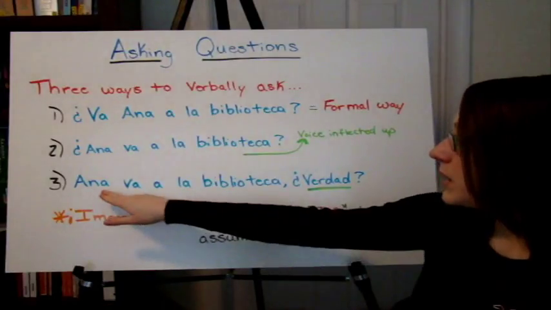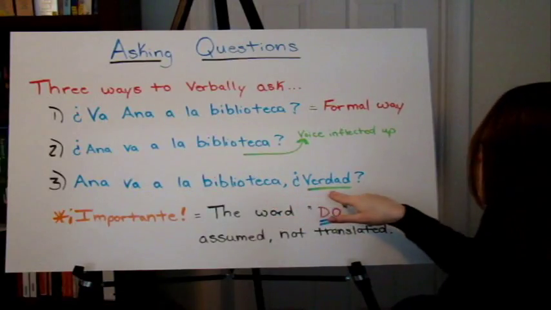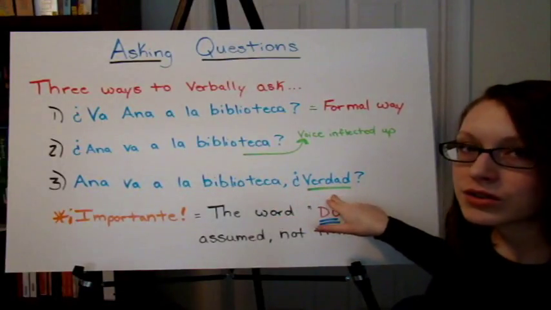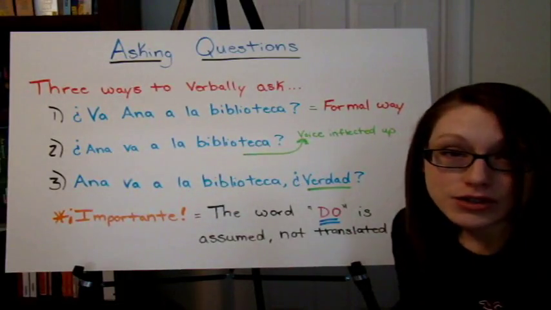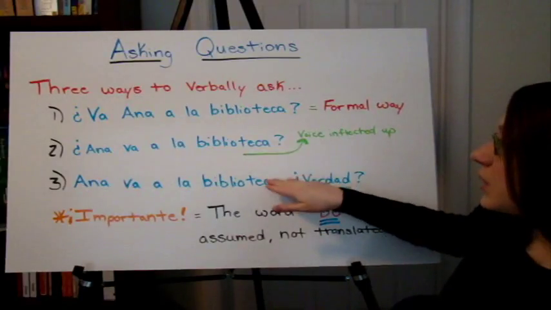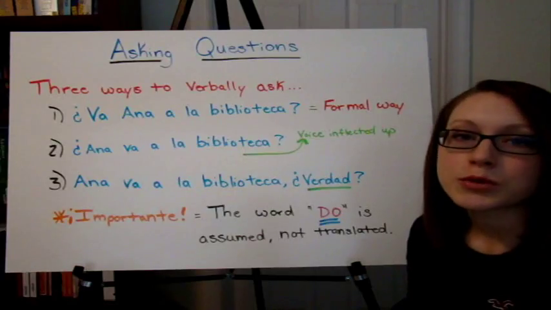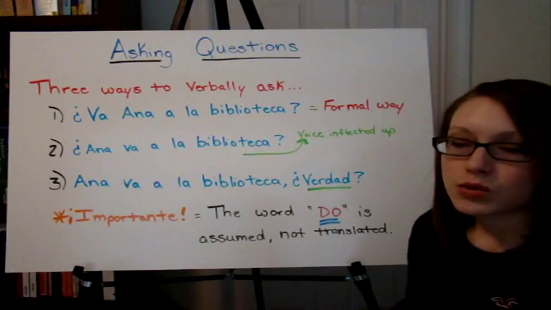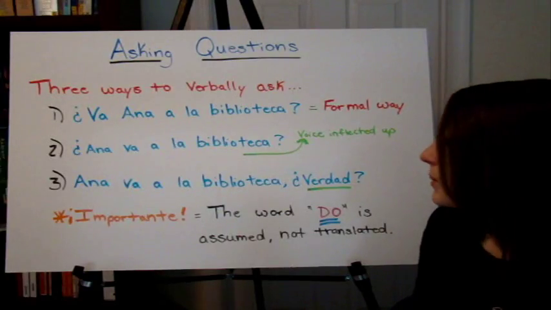The third way would be just stating the statement and then adding verdad onto the end of it. So, Ana va a la biblioteca, verdad? Isn't that true? Ana's going to the library. So you can also ask the questions this way, and that would be acceptable. But again, remember, that's really when it's an informal situation and you're having a conversation verbally with somebody.